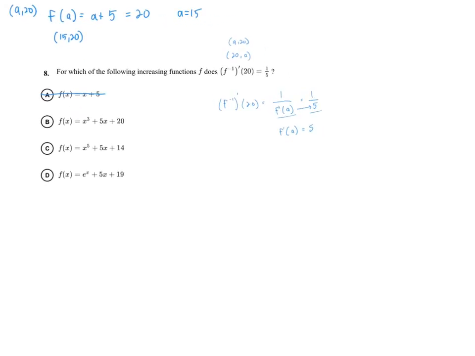So for B, do f at a, and then that has to equal 20. The 20s cancel, so you get a cubed plus 5a equals 0.